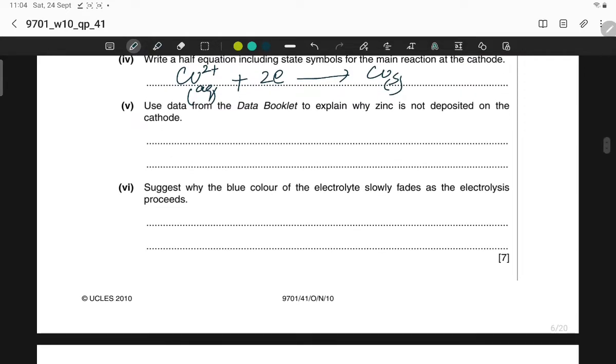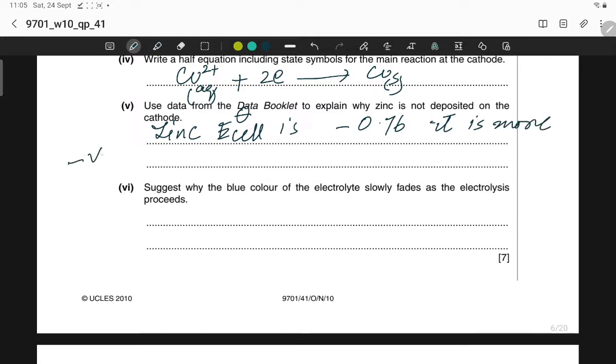Use data from the data booklet to explain why zinc is not deposited on the cathode. The E cell of zinc is -0.76. It is more negative, so it is not easily reduced.